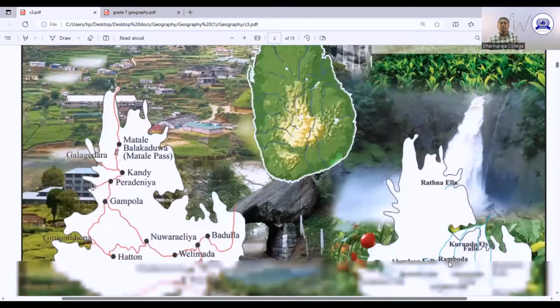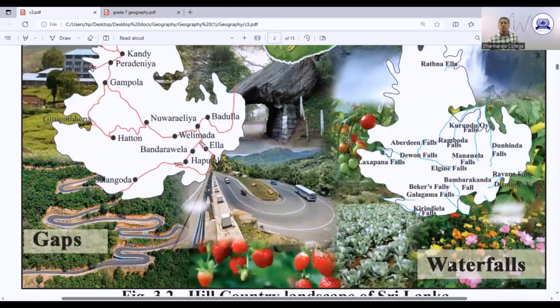Then Pute, you can see the waterfalls. Sri Lanka is very famous for waterfalls, though it is a small country. So there are a number of waterfalls. Dunginda waterfall, Ravana Falls, Diyaluma Falls, Bambarakanda Falls, the highest one in Sri Lanka.